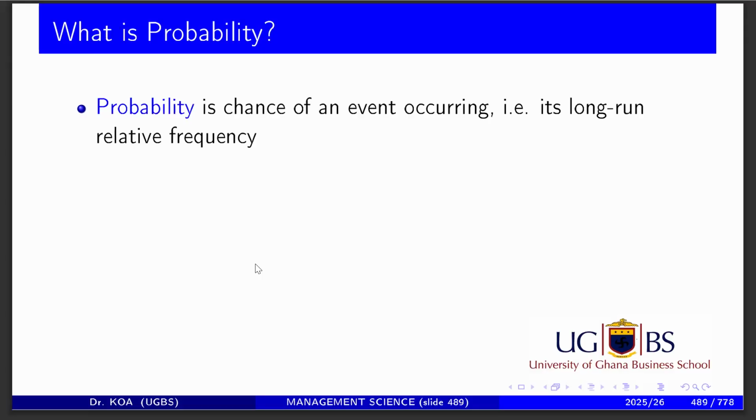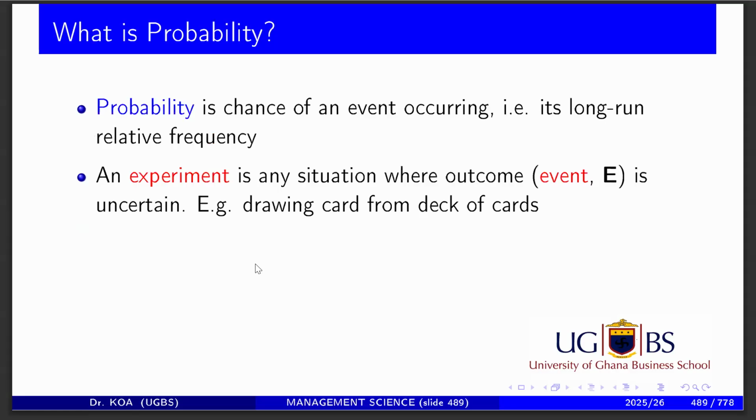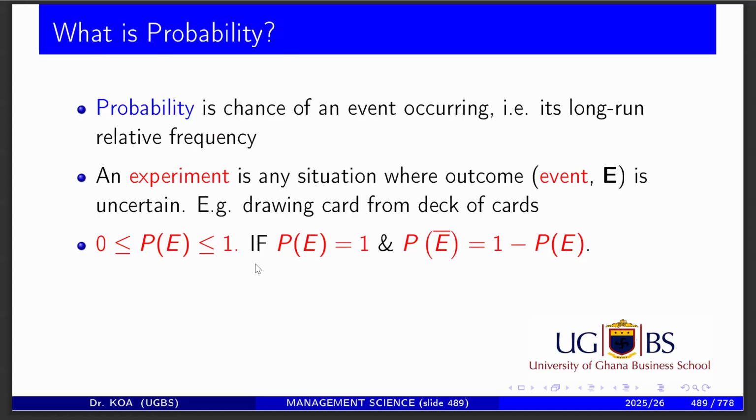What is probability? Probability is simply the likelihood of an event happening. That's it. The long run relative frequency of an item. The likelihood of an event happening is what is known as probability, and it is between 0 and 100%.